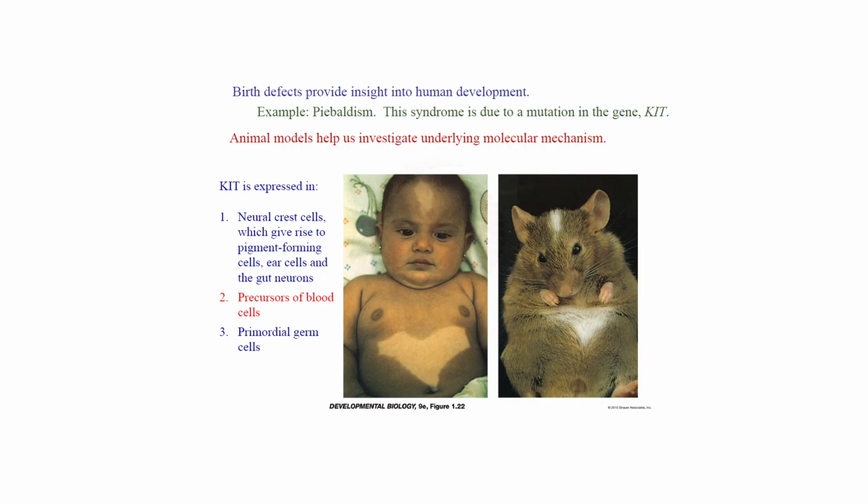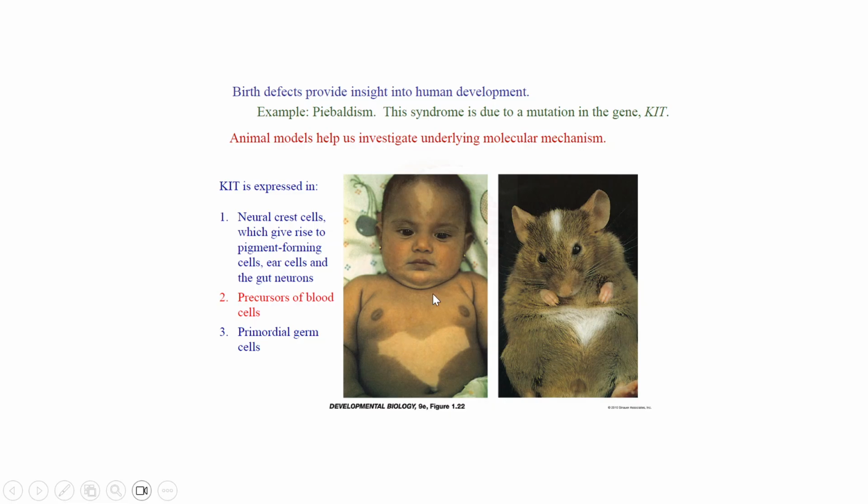KIT is expressed in the neural crest cells, which give rise to the pigment forming cells, the melanocytes, and ear cells and the gut neurons. Also, it is involved in precursors of the blood cells and the primordial germ cells. In both the human and the rat, depigmentation has happened.